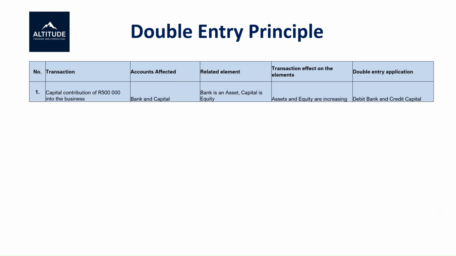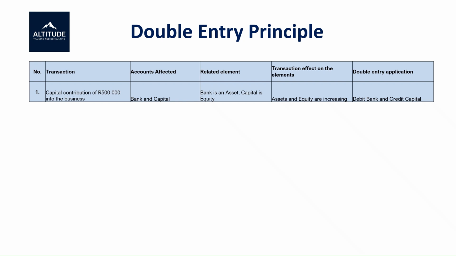We are now going to look at a couple of transactions so that we can apply this theory and see if we understand it. The first transaction that we have is a capital contribution of 500,000 into the business. The affected accounts in this transaction are the bank and capital. The related elements: the bank is an asset, capital is equity.